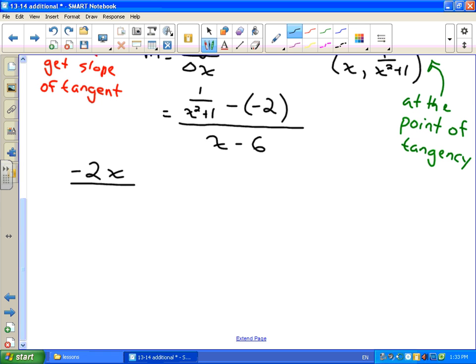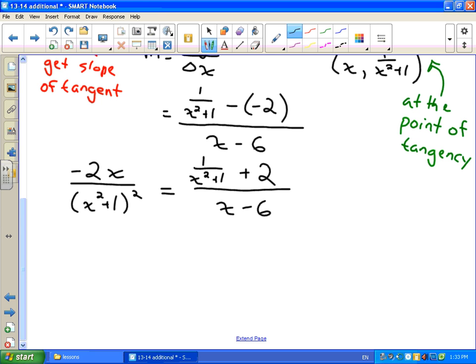So we have negative 2x over (x squared plus 1) squared is equal to this expression, which we'll change to plus 2 over x minus 6. So now I want to solve this for x.